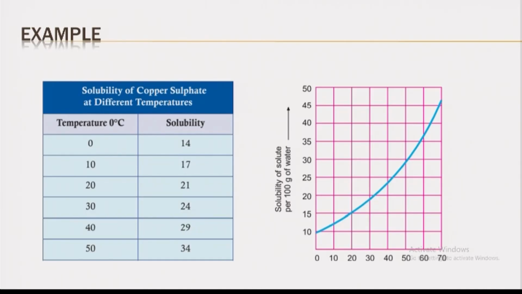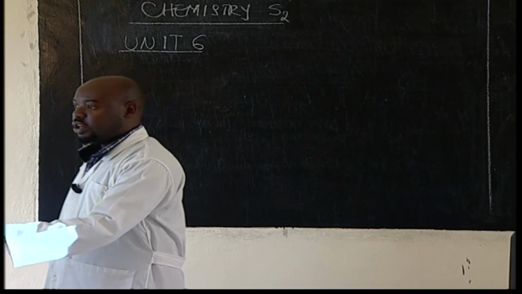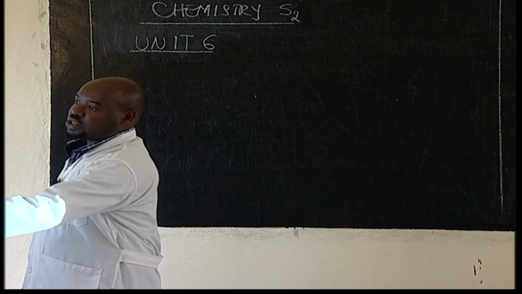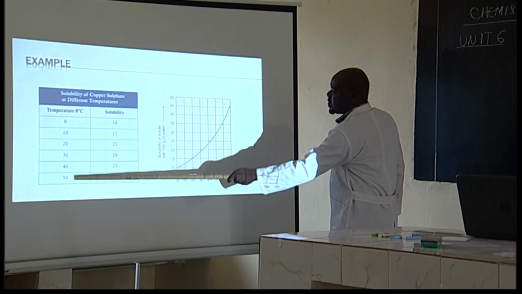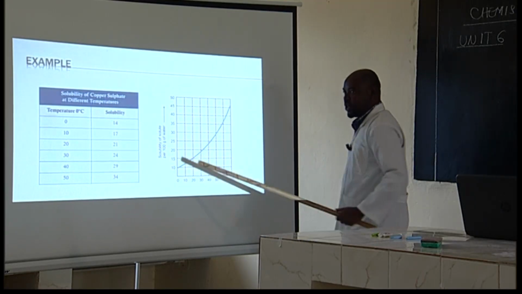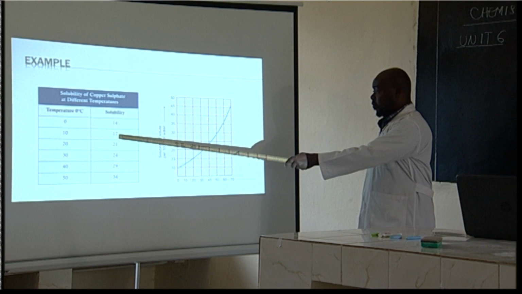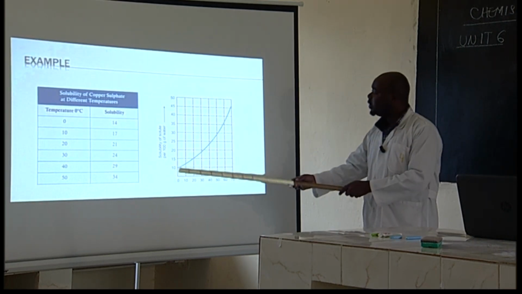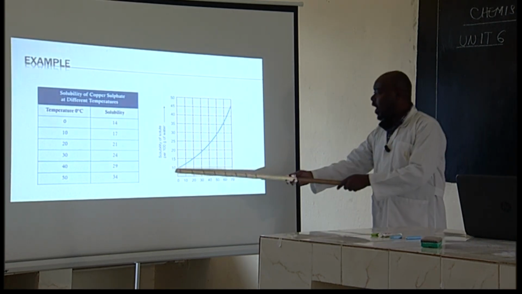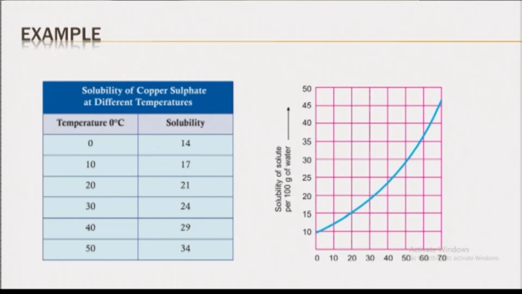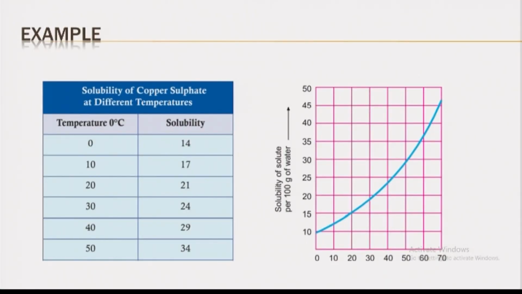From the data we have here, you can see that as temperature increases, the solubility is also increasing. But even if you don't consider the values in the table of data, you can also consider the curve. The curve is increasing, going up, going up, going up.